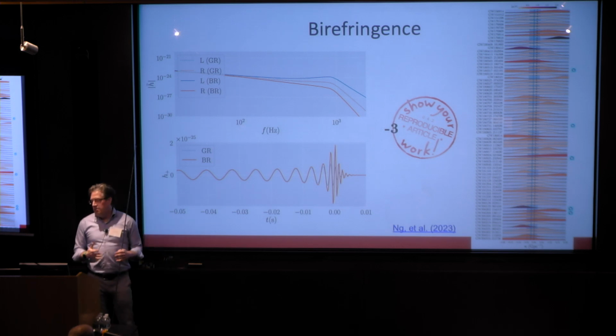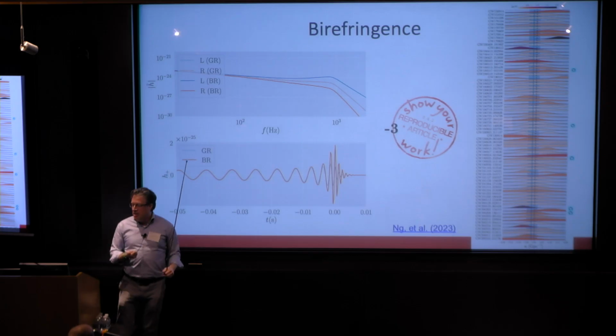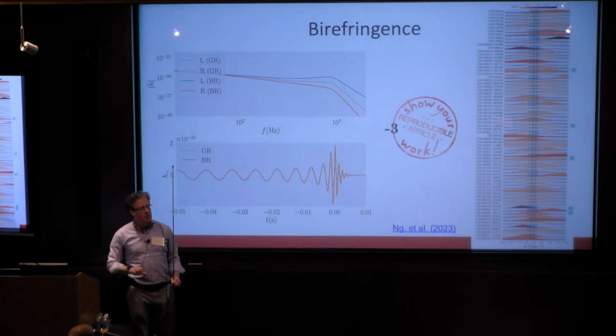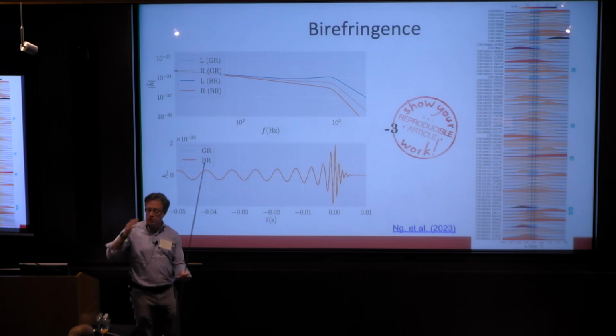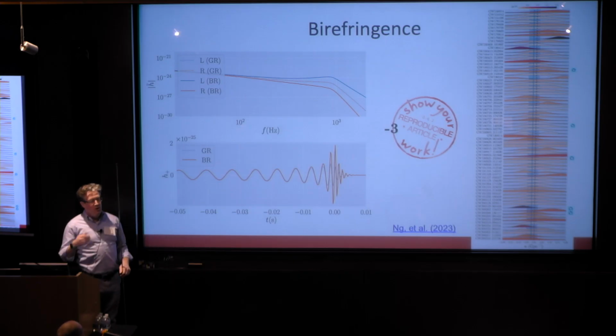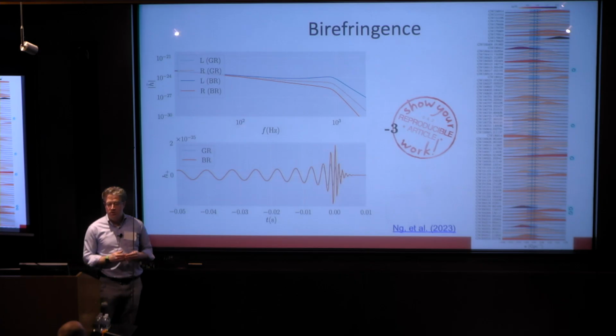If that situation obtains, then the left-handed gravitational wave polarization can be suppressed exponentially, and the right-handed gravitational wave polarization enhanced, or vice versa, depending on the gradient of this scalar. We would expect to see birefringence, different propagation of left and right polarized gravitational waves.